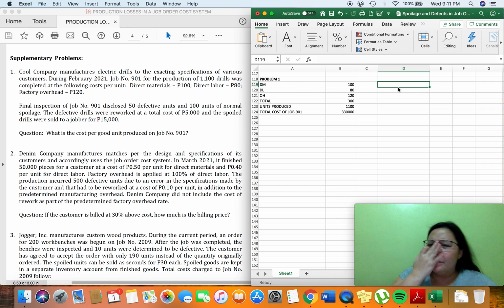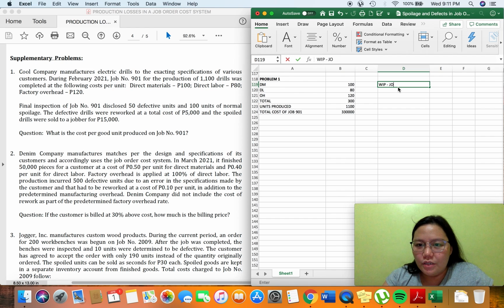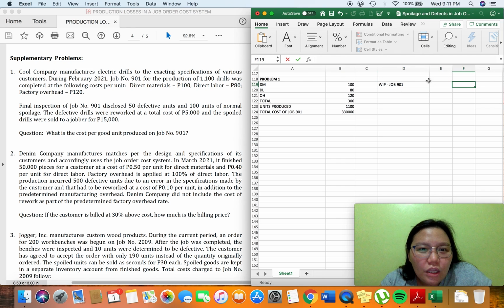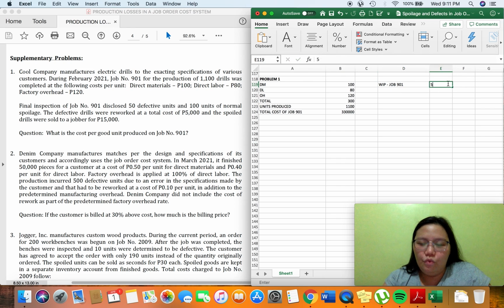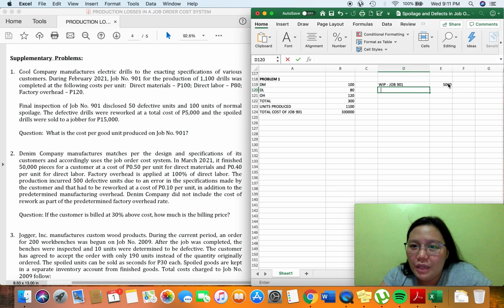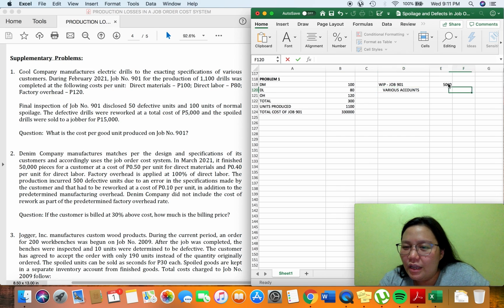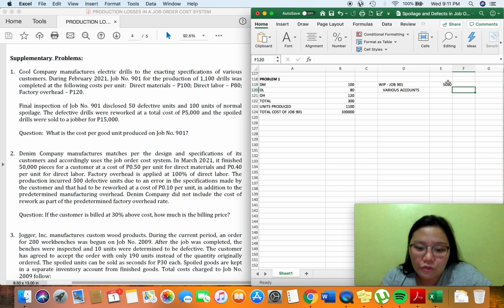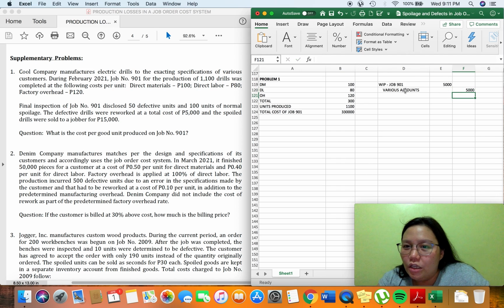So, let us prepare the entry for that. Our entry is to debit work in process, job 901. The total rework cost is equal to 5,000, right? And then, syempre, we have to credit various accounts since the problem did not mention the specific accounts, diba? Or ano yung kailangan in order to rework the defective units, okay?